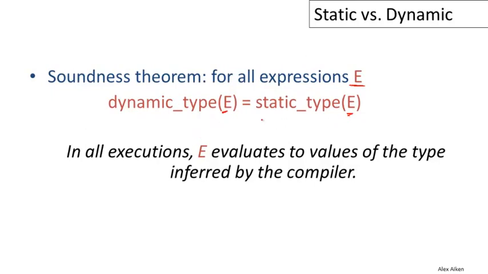Another way of saying that is that if you actually run the program, then you get something that is consistent with what you expected from the static type checker, that the static type checker is actually able to correctly predict what values will arise at runtime. And in fact, in the early days of programming languages, these were exactly the kinds of theorems we had for the very simple type systems in the languages at that time.